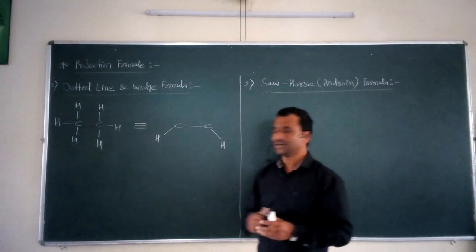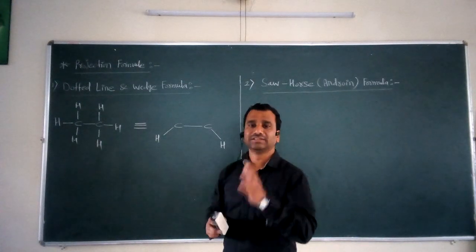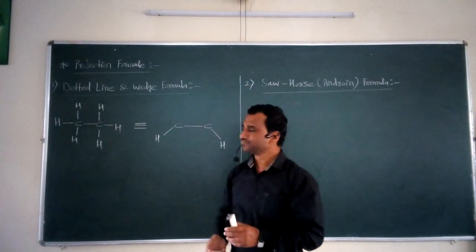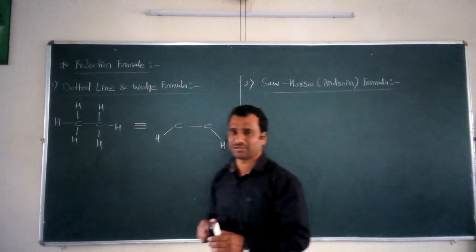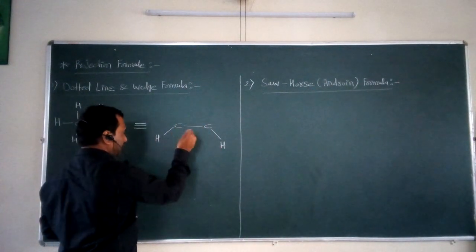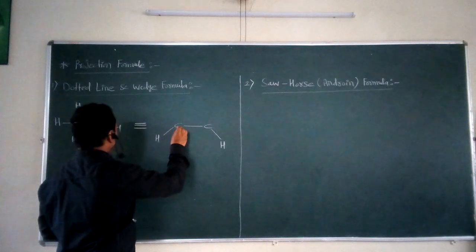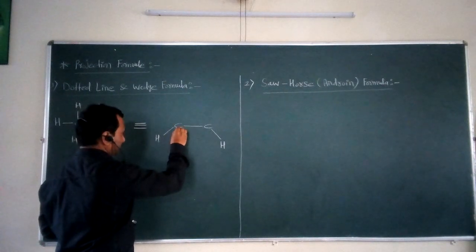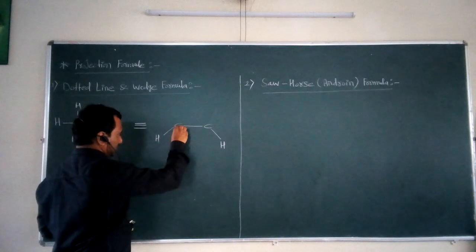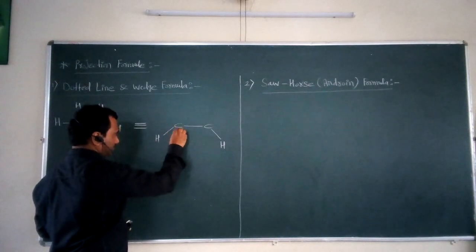Now, after that, we have to take into consideration the remaining positions of the 4 hydrogens. If we consider the remaining 4 hydrogens, then such a type of wedge line is used.